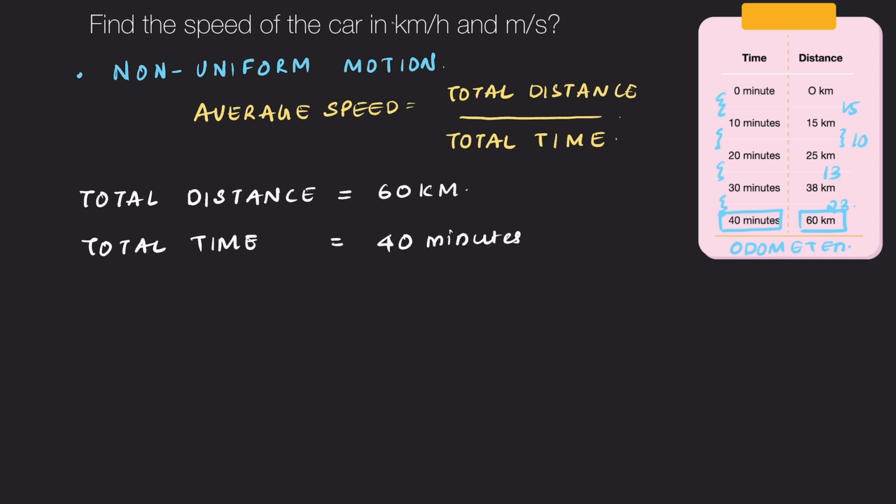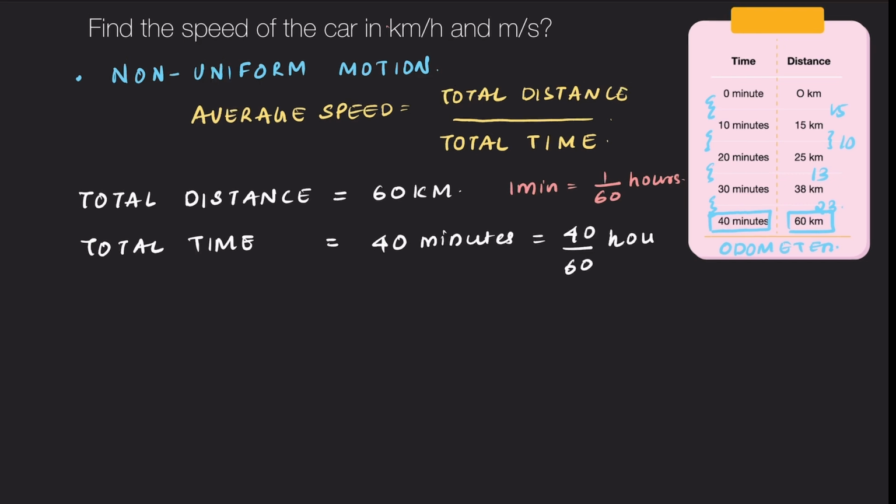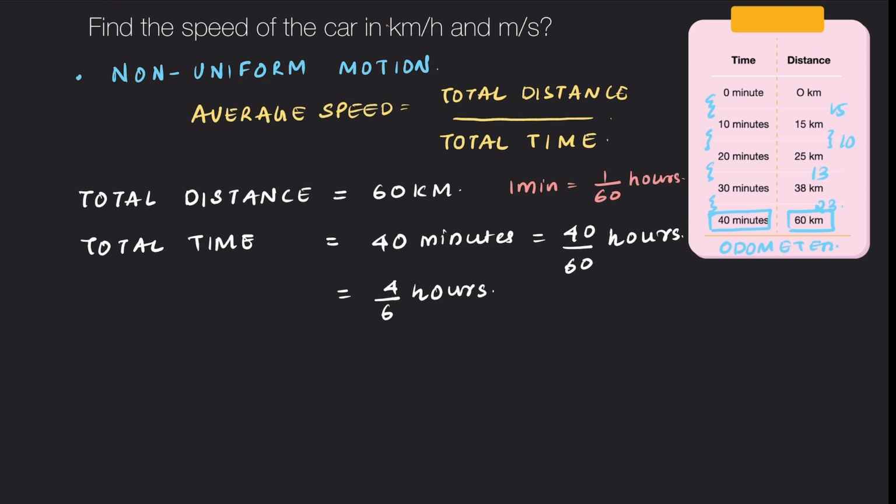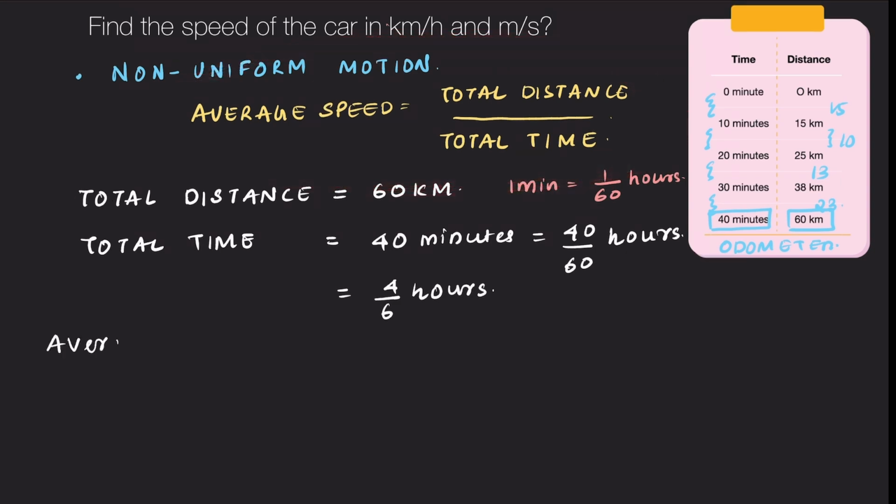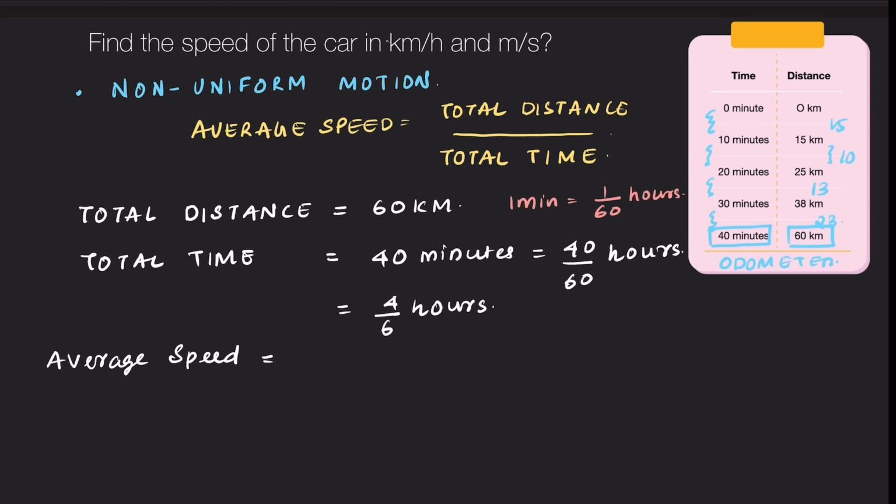Let's convert this minute to hours because we need our answer in kilometer per hour first, right? So 1 minute is 1 by 60 hour. That means 40 minutes is equal to 40 by 60 hour, or simplifying, we get 4 by 6 hours.